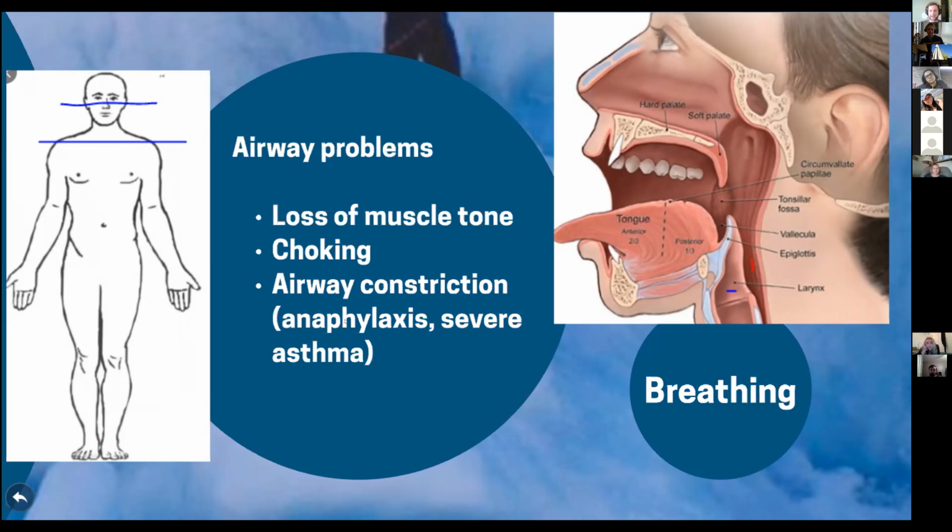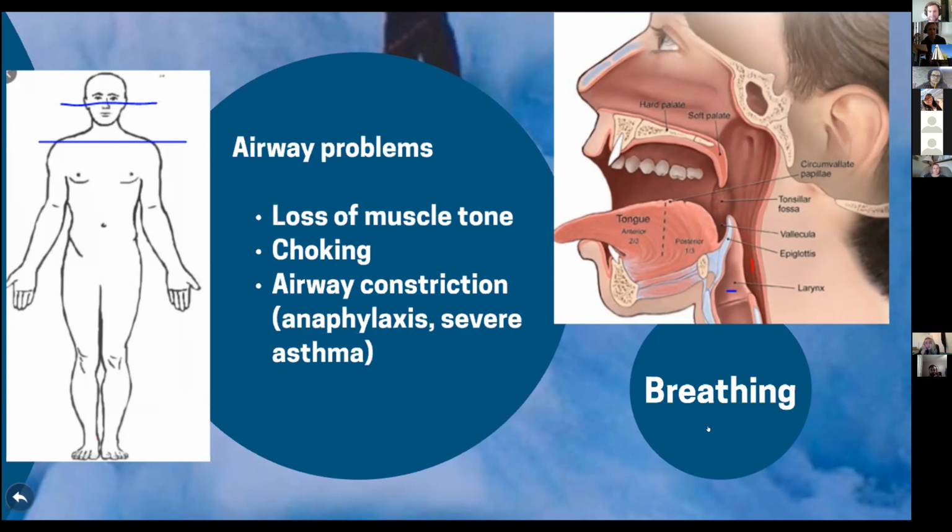My brother's asthmatic, and I remember he had a severe asthma attack once, and it looked like he was trying to breathe through a straw, and both of these folks received epinephrine, which dilates or opens up the airway. So these are all examples of airway problems, and those are the treatments you would use.